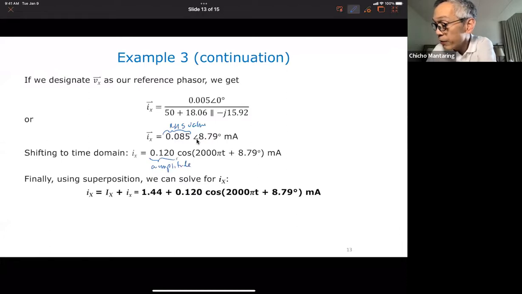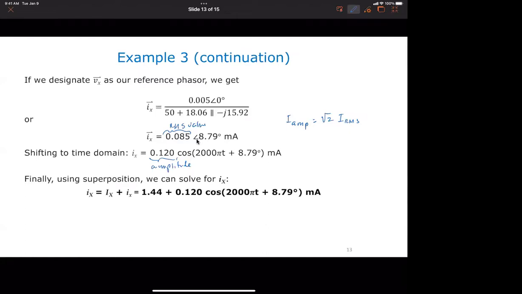So I amplitude is equal to the square root of 2 times I RMS. So if I multiply this by the square root of 2, I should get this. Okay, sir. Thank you po.